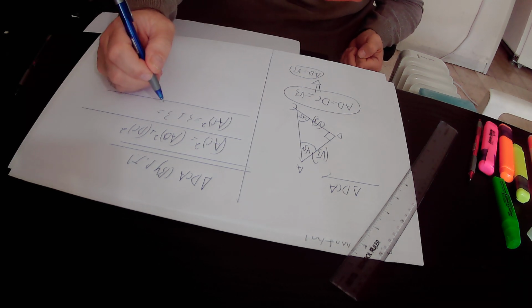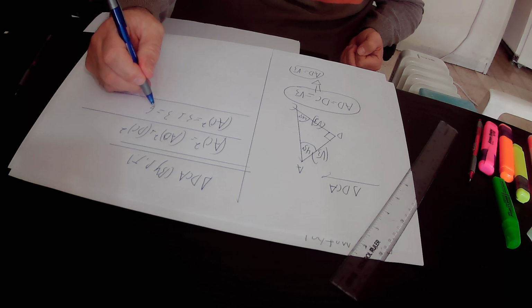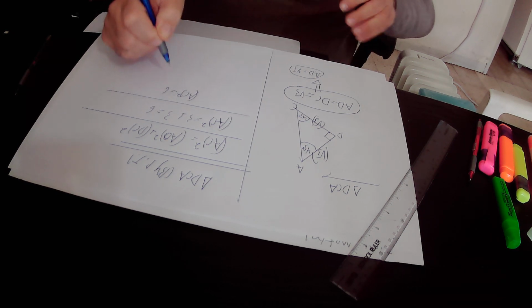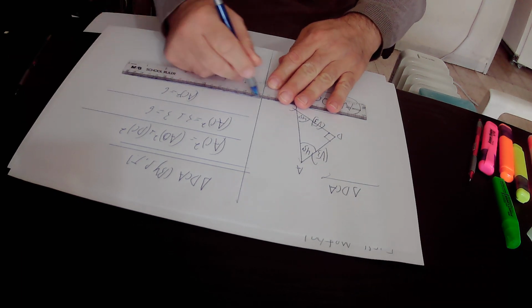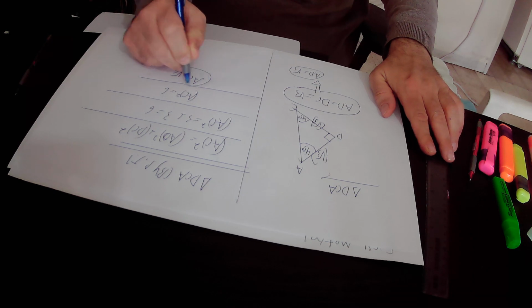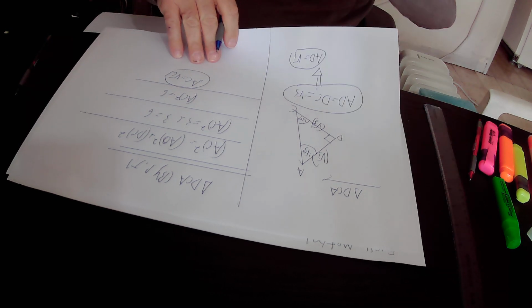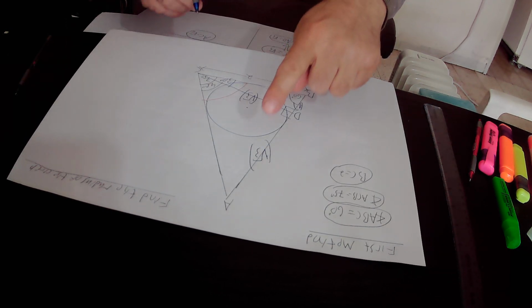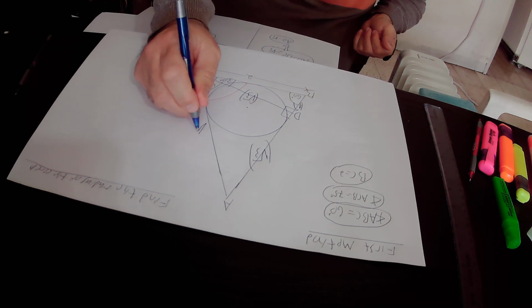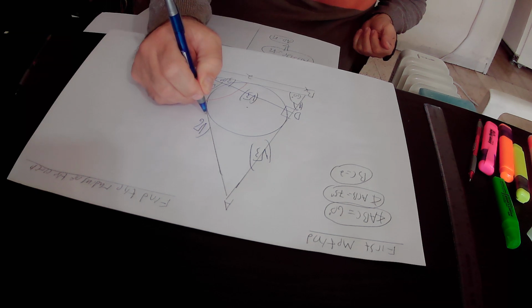So in total, AC squared equals 3 plus 3, that is 6. AC squared equals 6. We take the root of this equation, and finally we get that AC equals the square root of 6 units. Here, the side AC of this triangle ABC equals the square root of 6 units in its length.